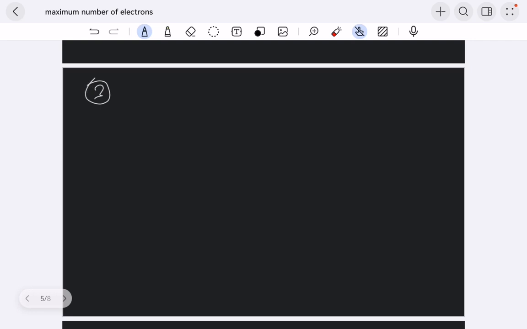Let's look at another example. Example 3. When n is equal to 4, ml is equal to 1. What is the maximum number of electrons? So this is 4s, 4p, 4d, 4f.